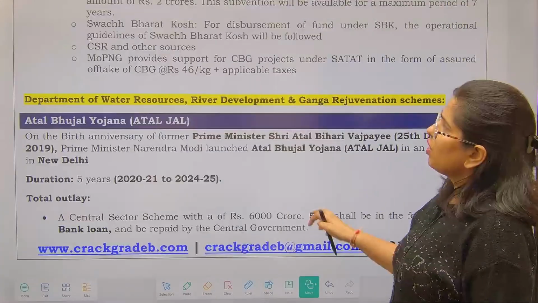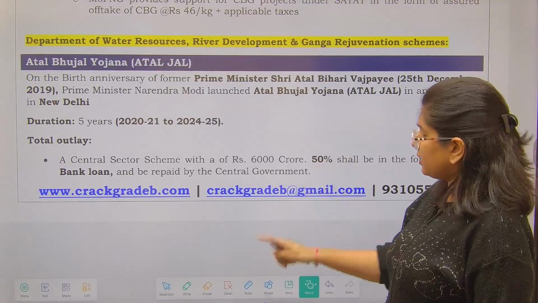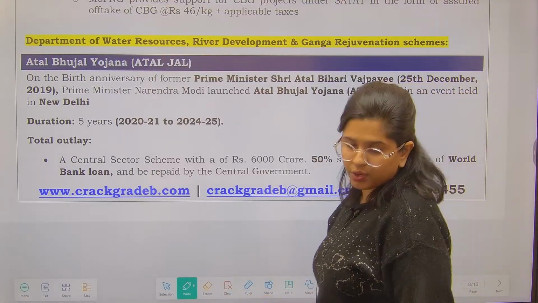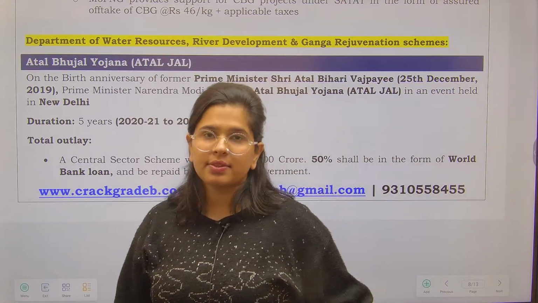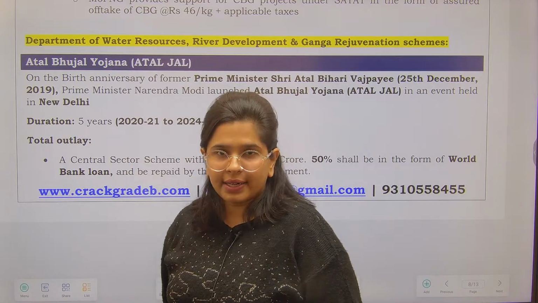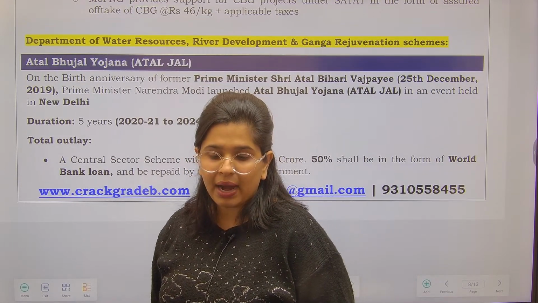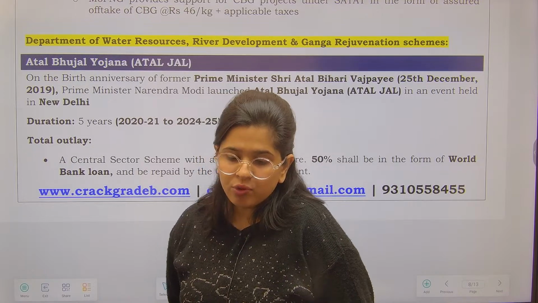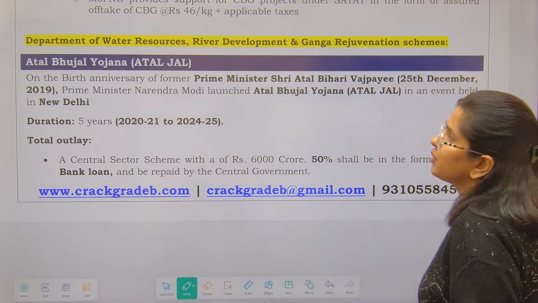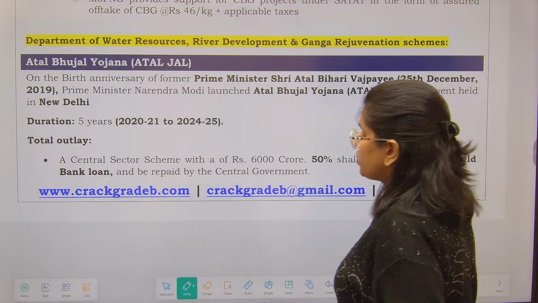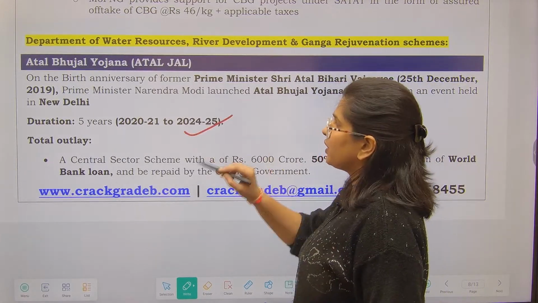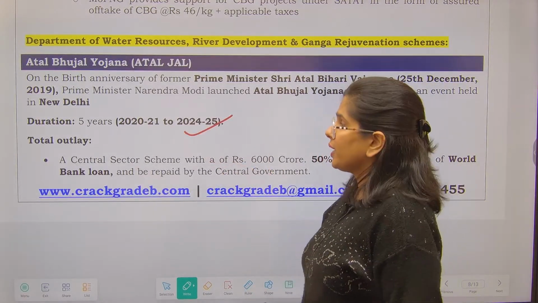Now, for the other thing, that is Atal Bhujal Yojana, again a water conservation or water related scheme that we'll see, and it also includes the soil related part as well. So Atal Bhujal Yojana has been launched in the year 2019, right? The duration was for 5 years, starting with year 2020 till the year 2024.